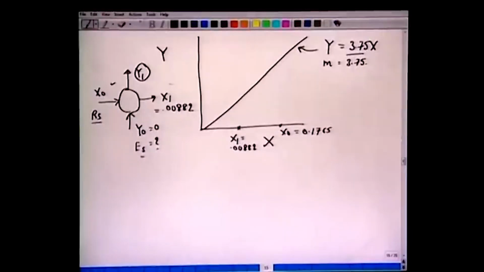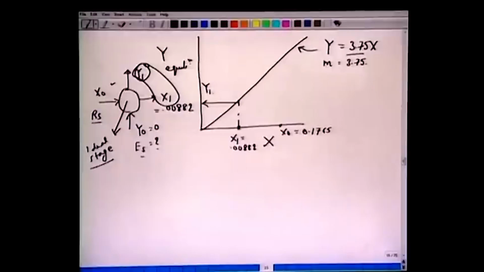But now we know that y1 and x1, these two streams, are in equilibrium, because we assume it is an ideal stage. So, two streams which are leaving are in equilibrium, which means if we know x1, we can mark this and know immediately this y1, which we did earlier also. So, we can take a pencil or graph scale and obtain this y1.